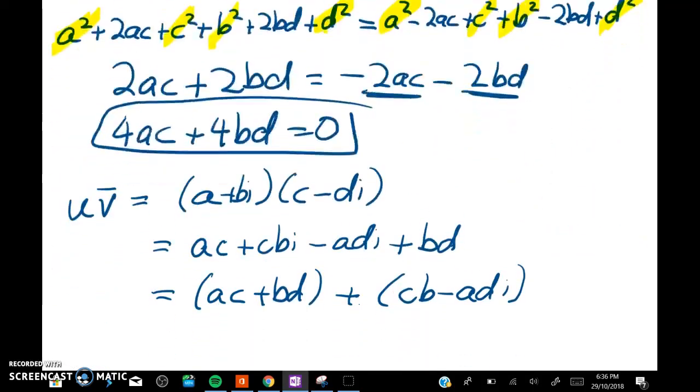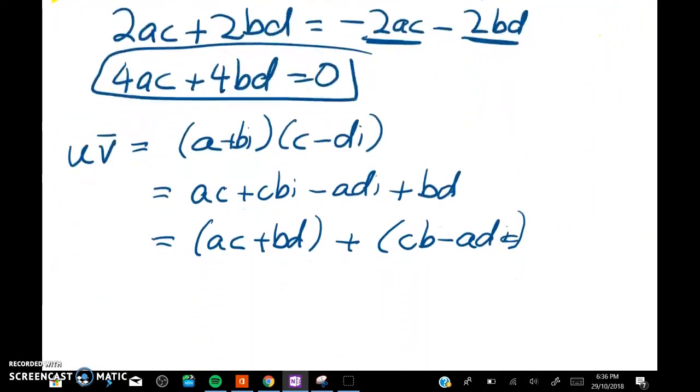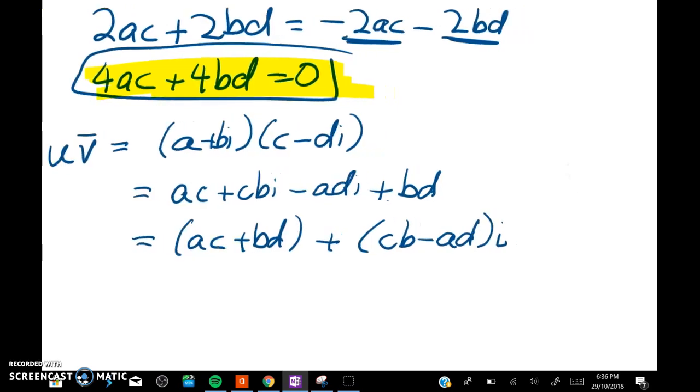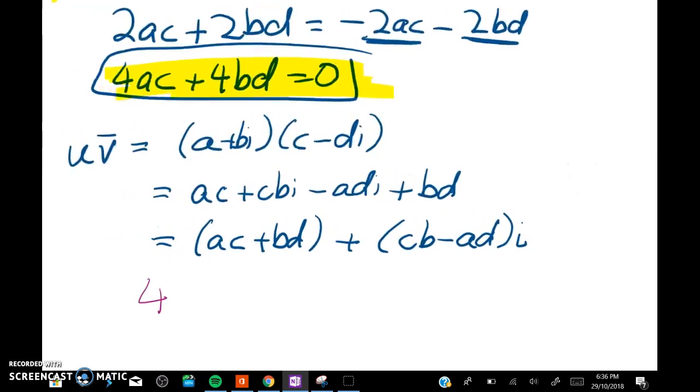Whoops. Just let me clean this up. Right, that bracket goes there and that's there. Now, what can we say? Well, let's look back up here. We had this, 4 times ac plus 4bd equals 0, which we could also say 4 bracket ac plus bd equals 0. So that means ac plus bd equals 0.